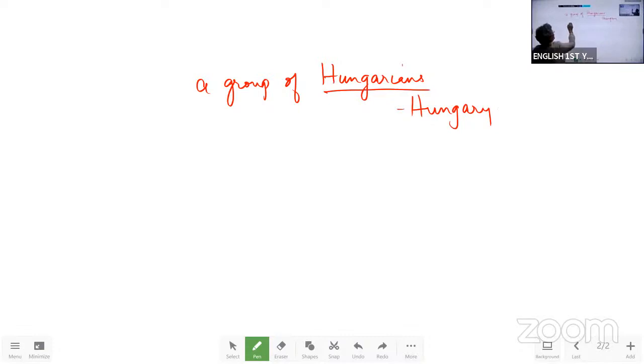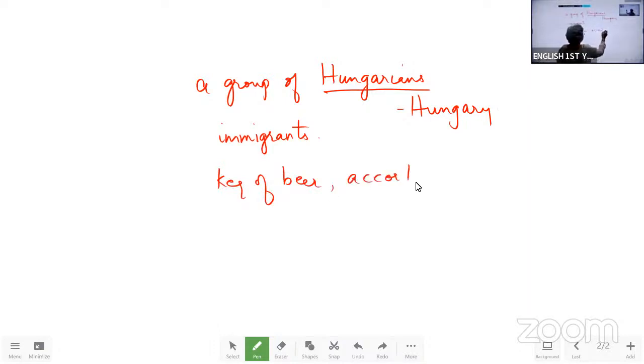Because they are immigrants. These immigrants, a group of them, had a keg of beer. They had accordion. What is accordion? It is a musical instrument. And along with their family, wives and children, were enjoying themselves under the tree.